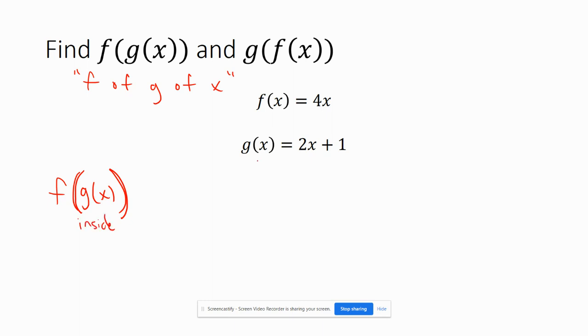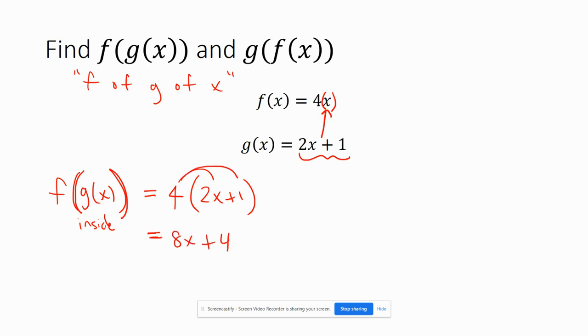So that means we take our g of x function and we plug it inside the f function. So f of g of x is going to be, we just replace this x with the 2x plus 1. So we get 4 times 2x plus 1, and then we simplify. 4 times 2x is 8x, and 4 times 1 is 4. And so we're done. f of g of x is 8x plus 4.